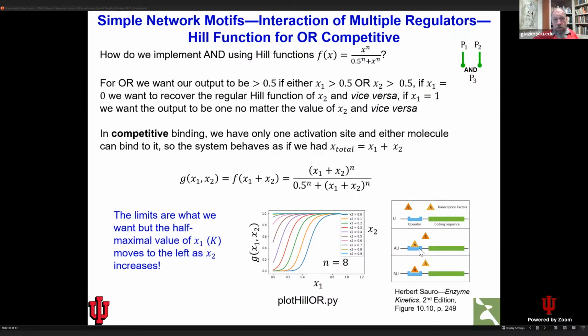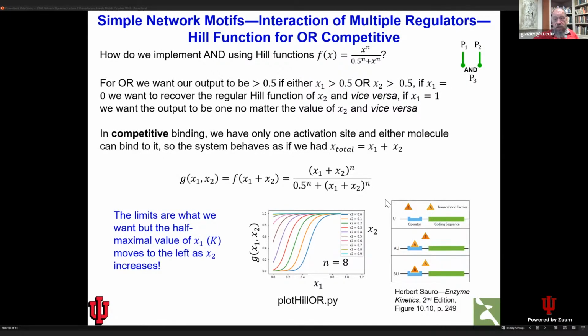If I don't care whether it's A or B, this behaves as if the concentration were just the sum of A and B, in which case in my Hill function, instead of having just X1, I have X1 plus X2 divided by 0.5 to the n plus X1 plus X2 to the n. This has the appropriate value relationship. It's limited between 0 and 1. If one of them is 1, the other one behaves properly.